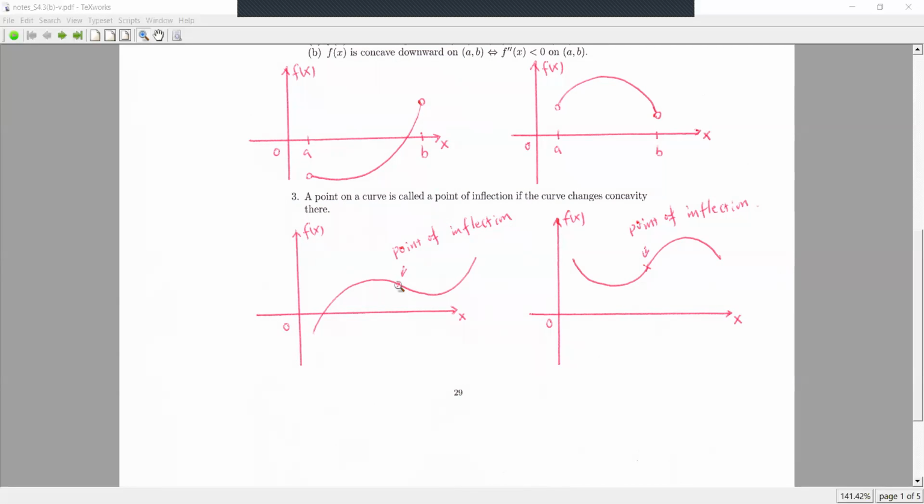So this point is a point of inflection. And this point is also a point of inflection because the curve changes from concave up to concave down. Changes concavity at this point. So this point is a point of inflection. Now, next, I present the topics today.